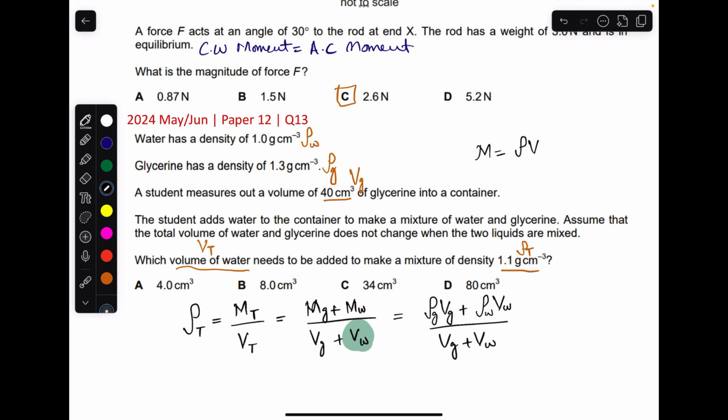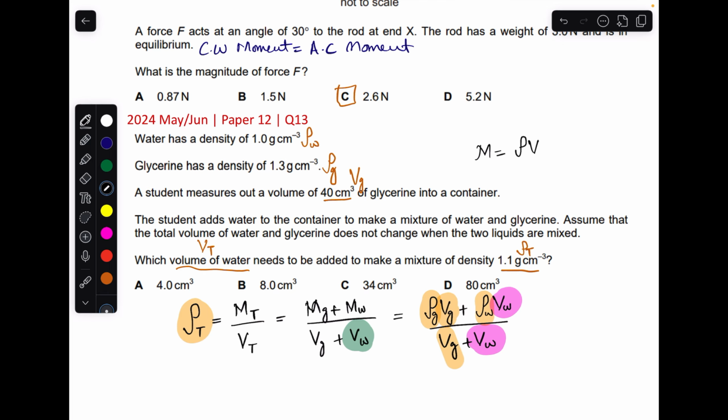So if you notice, we already know the total density. We know the density of glycerine, the volume of glycerine, and the density of water. What we don't know is the volume of water, so there is only one unknown.